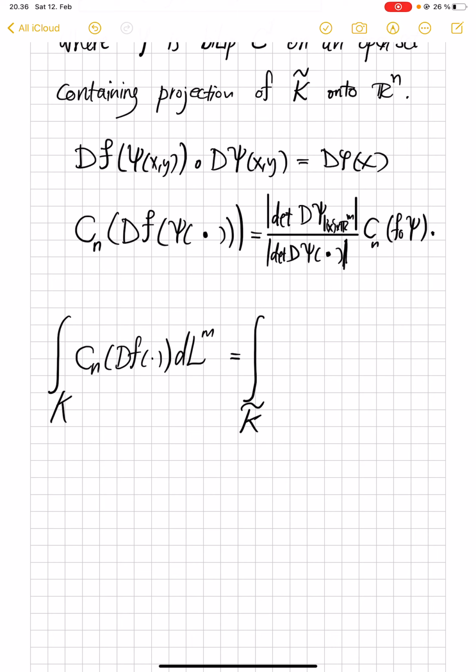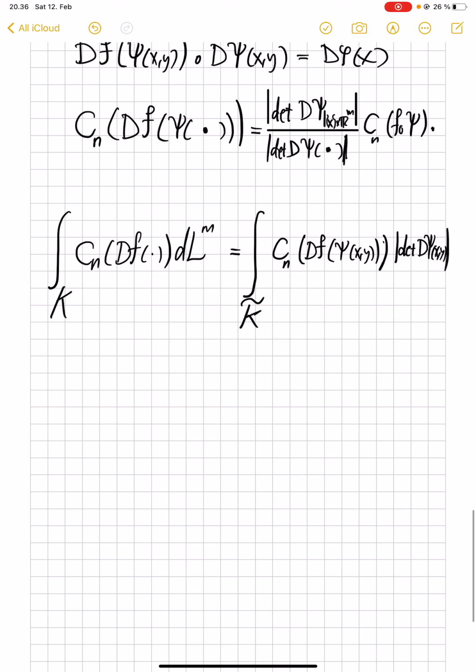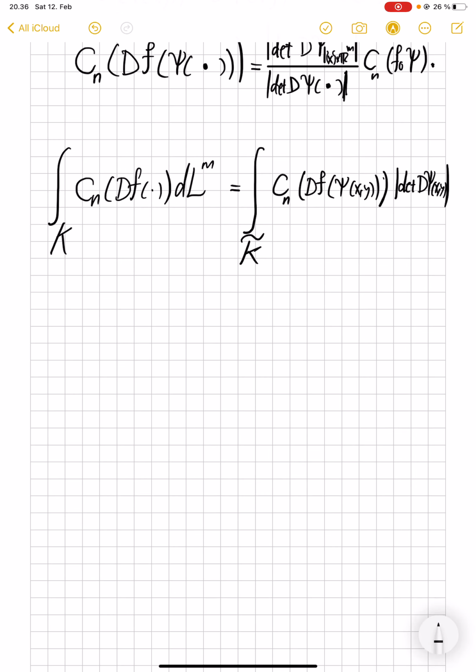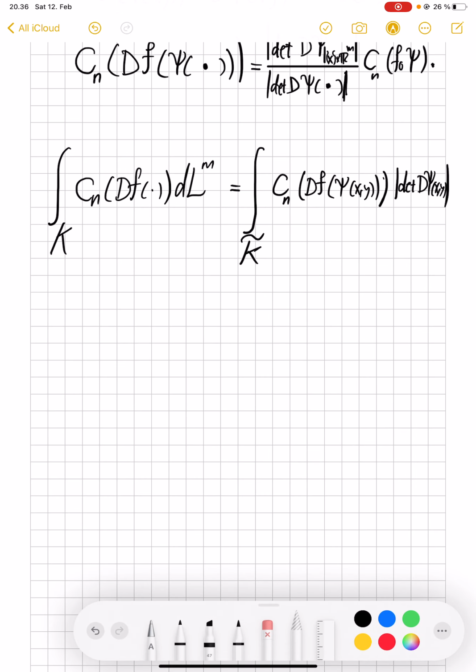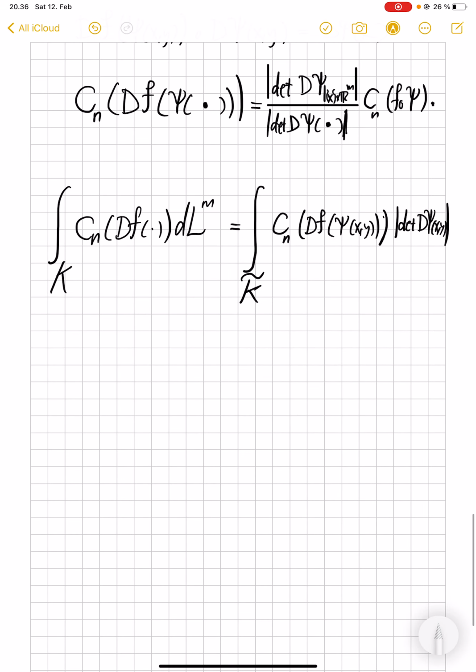What happens is you pull back the function, so this will be df computed at phi of xy. Every point is a phi of xy for a unique one. But then there will be the determinant of the derivative of psi at xy. That is the Jacobian.